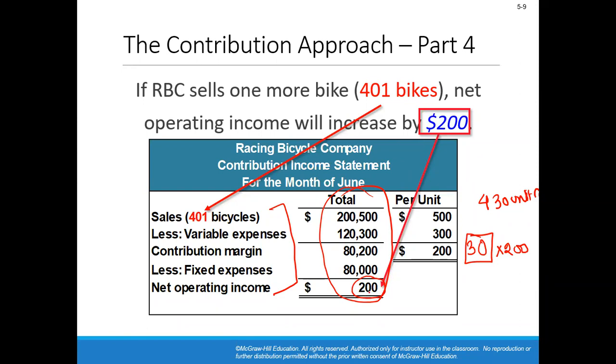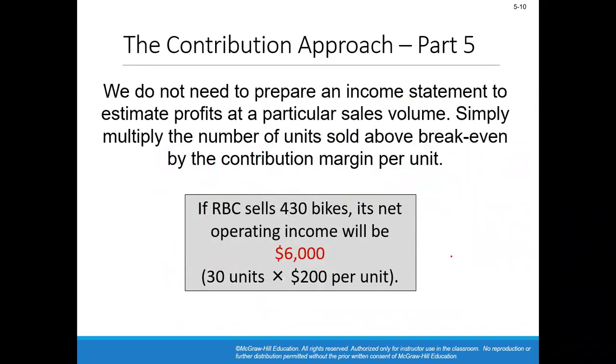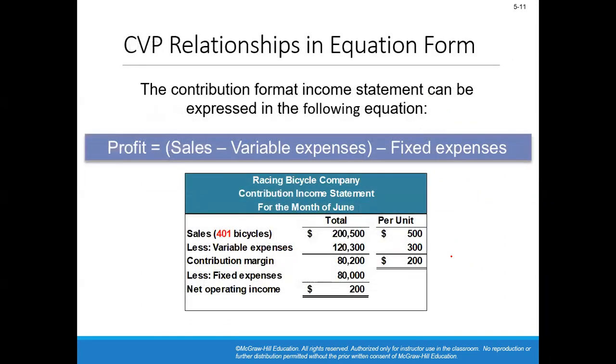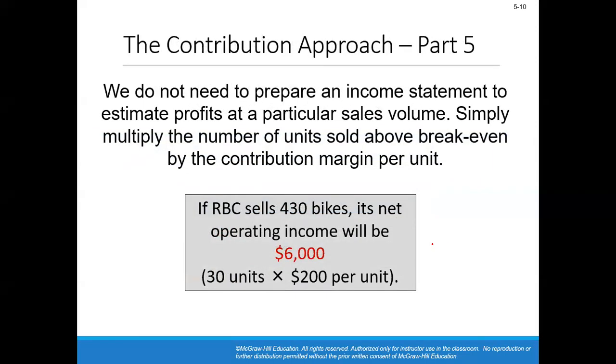So if we multiply these two numbers, we get the net operating income for selling 30 units of bicycle. Okay. So this is a kind of manual approach to see what profit or net operating income will be available.